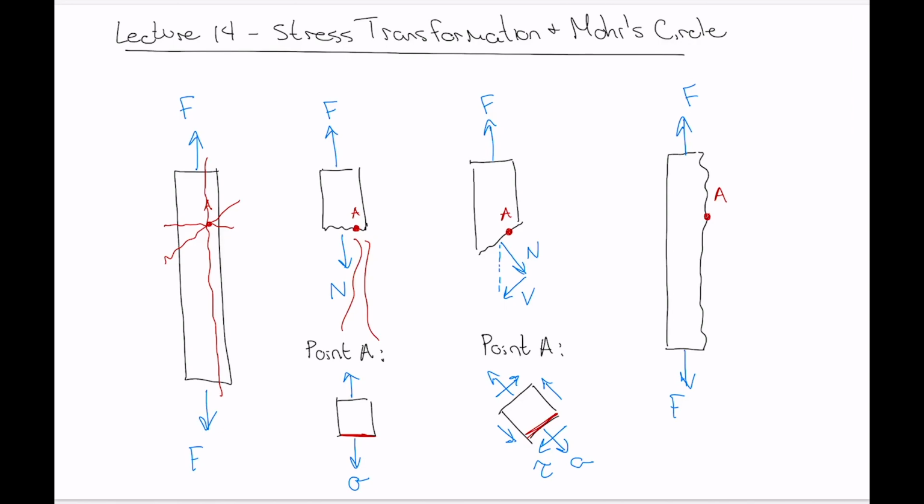So let me show you how Mohr's circle, just again conceptually, is related to what we've just looked at here. So if we were to sketch that situation again here, just quickly do that.